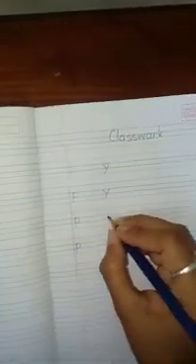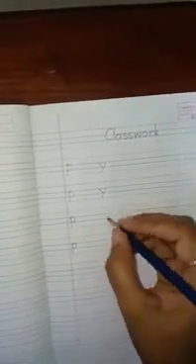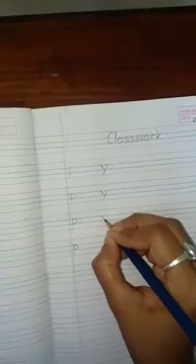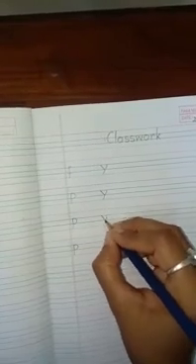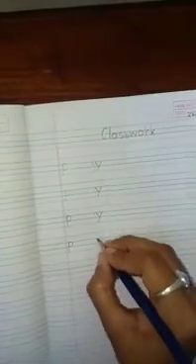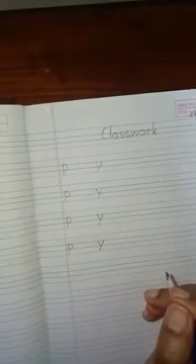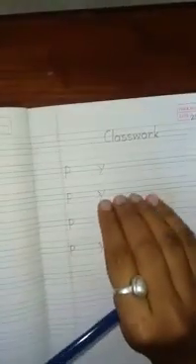Go to the next line and again write the letter Y. A slanting line and another till the lower red line. Now write Y on your own in the next line. Nice work, children.